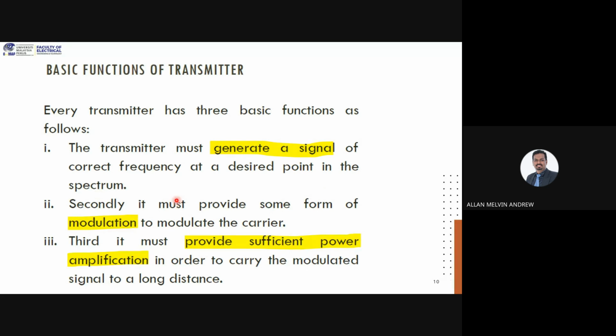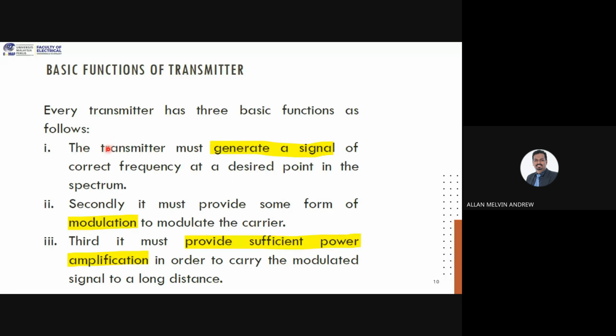Because we know the radio frequency spectrum can operate over a very big range, you need to select the certain frequency that you want to transmit, and generate the signal according to that frequency. So that's very important.